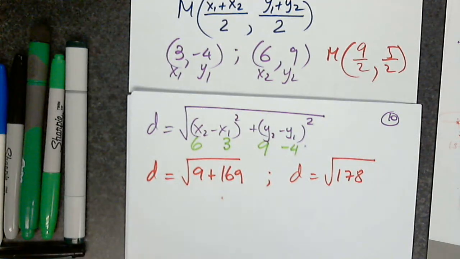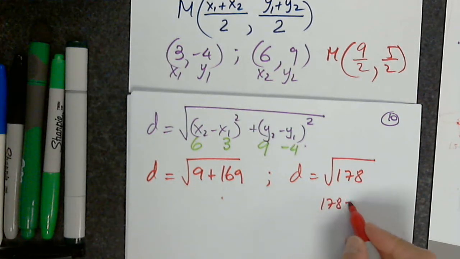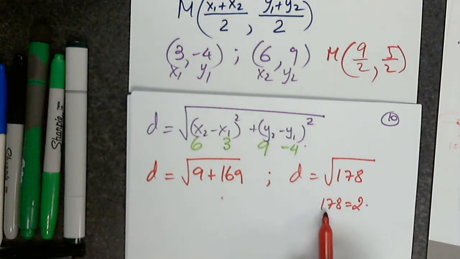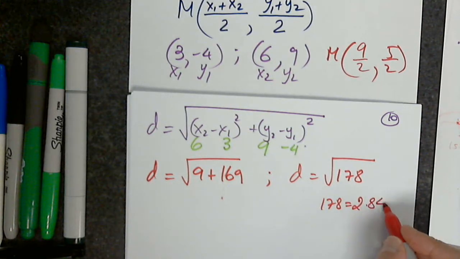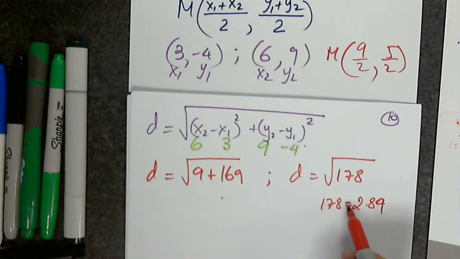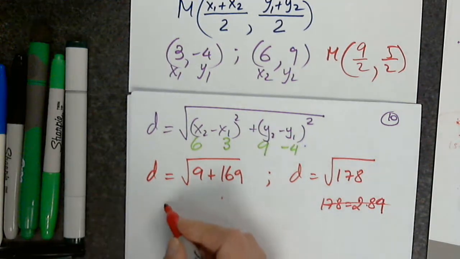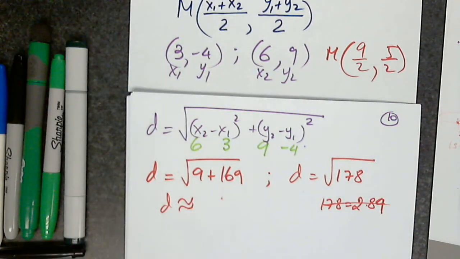I'll try to simplify it into an exact value, and then I will approximate it. So 178 is 2 multiplied by 89. Okay, there's nothing I can do. So it cannot be further simplified. So if I want to approximate it, I will put it in the graphing calculator.